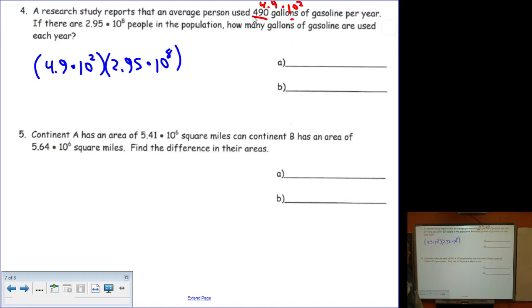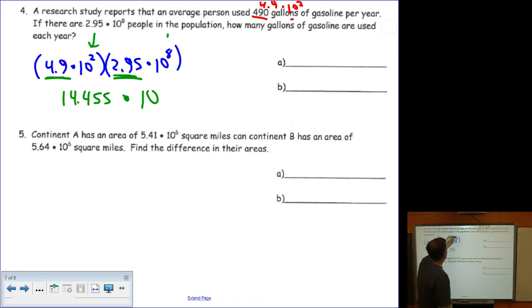When you multiply numbers together, you multiply these guys together, and in this case you would get about 14 maybe, 0.455 times 10 to the, and you would add the exponents when you're multiplying, so that would be times 10 to the 10th.